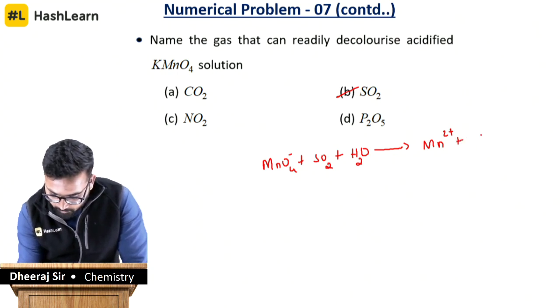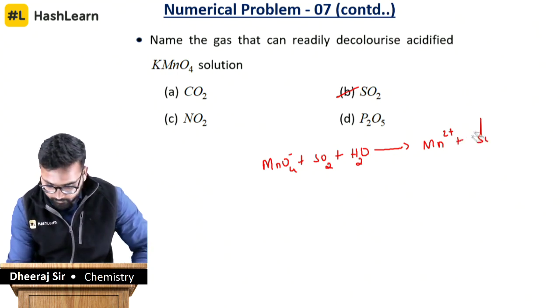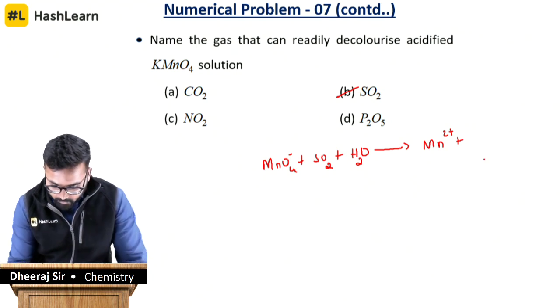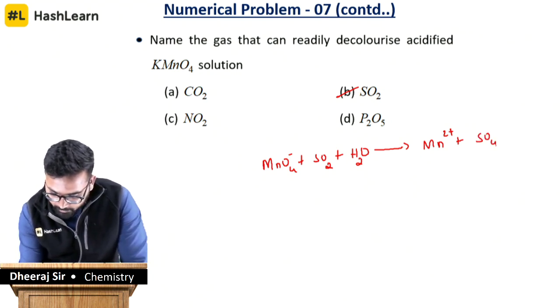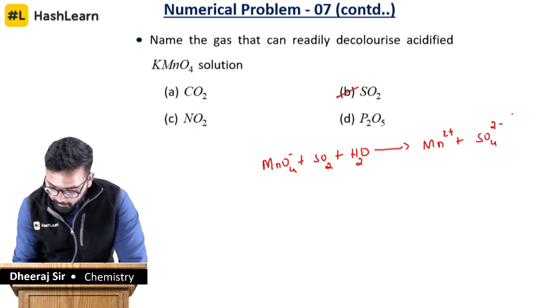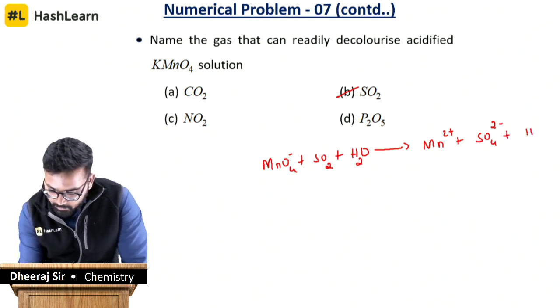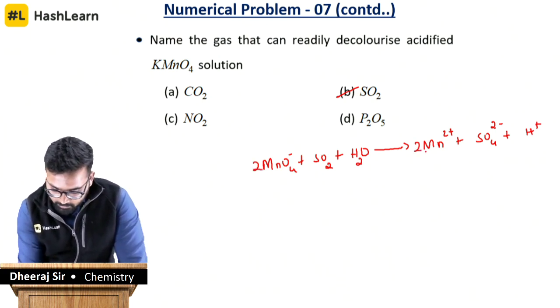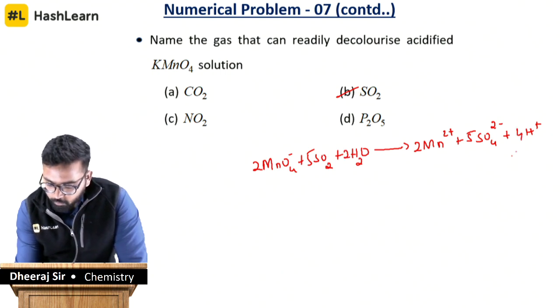Plus, you have sulfate. Sulfur dioxide is oxidized to sulfate plus H plus. If you want to balance the reaction, you can have a quick look. You can make this 2MnO4 minus plus 5SO2, and therefore 5SO4 2 minus, and 2H2O, therefore 4H plus.